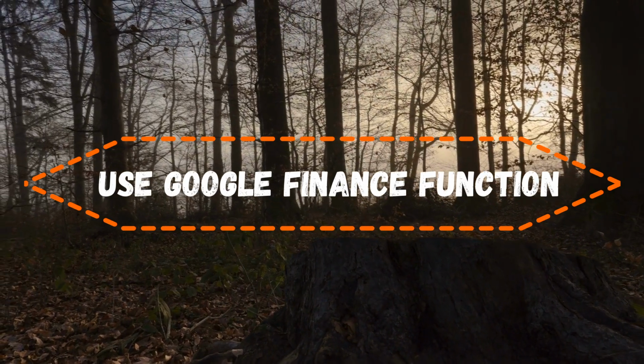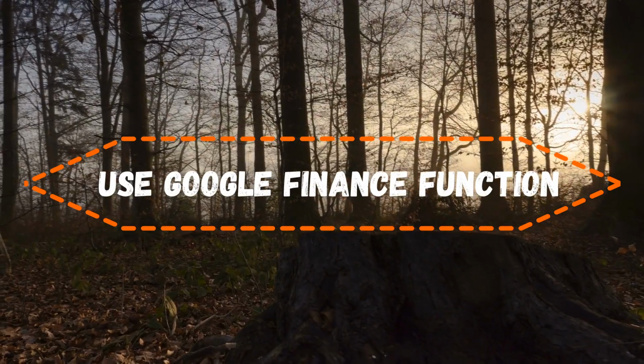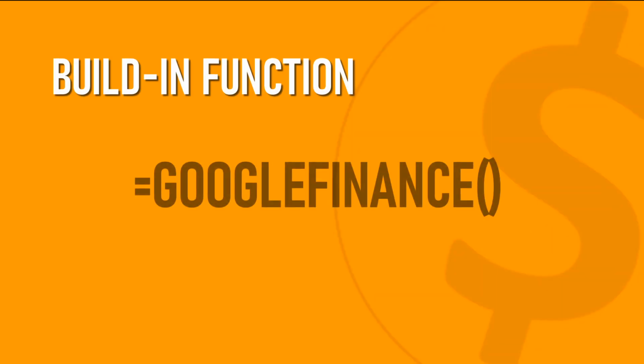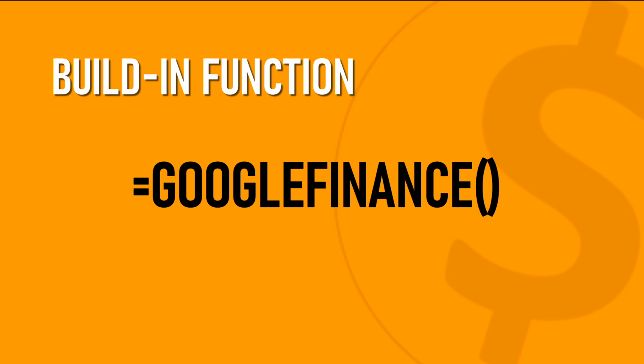Using GoogleFinance to pull live stock data. Google Sheets has a built-in function called GoogleFinance, which allows you to pull live data directly from Google Finance. This function is incredibly powerful and easy to use, making it a perfect tool for real-time stock tracking.